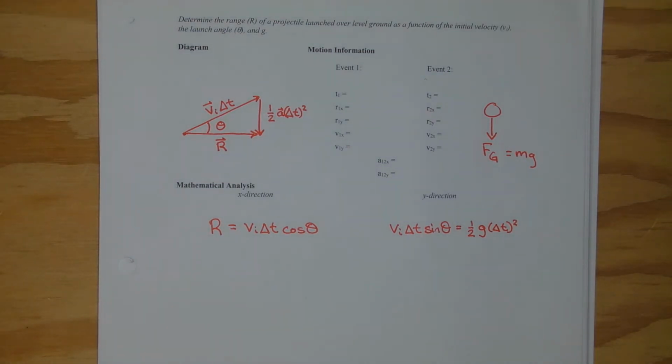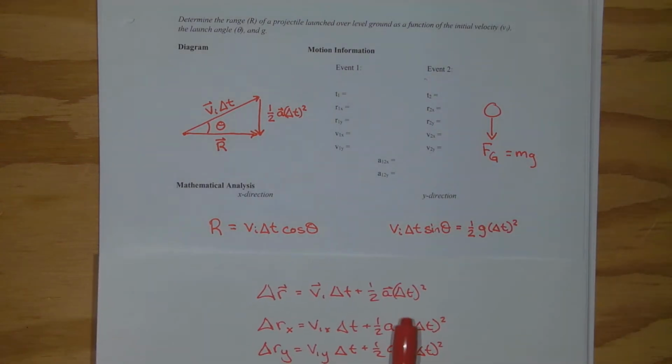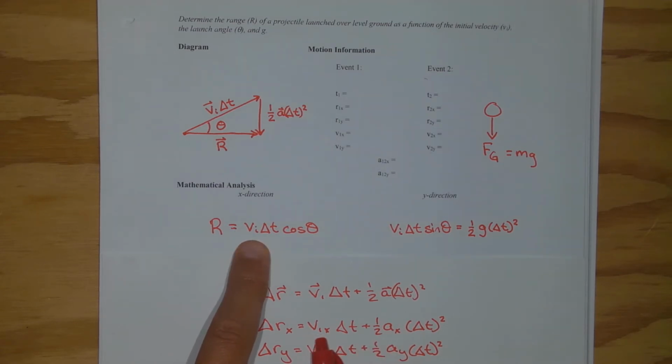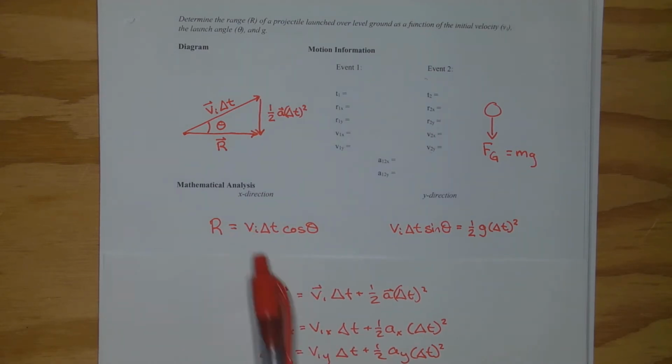So that's delta t squared. If you were to use the kinematic equations for delta r, for the x direction, delta rx is equal to R. The acceleration in the x direction is 0. v1x, that's just vi, times cosine theta, times delta t. So this is what you would get from using the position kinematic equation in the x direction.